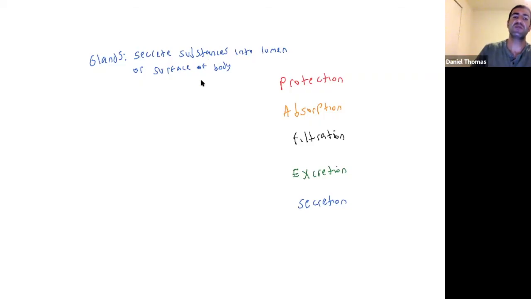Something else is going to be called an endocrine gland. And these cells are interesting because they actually do not have ducts. In fact, before they were called endocrine cells, we called them the ductless glandular system. So endocrine glands secrete chemicals and hormones into the blood.